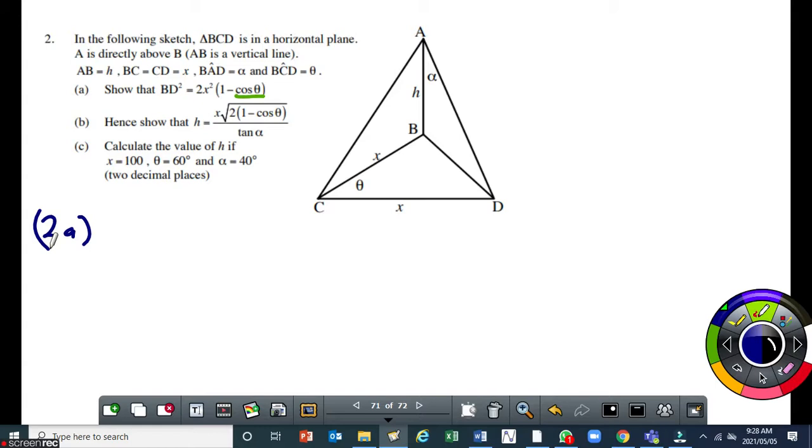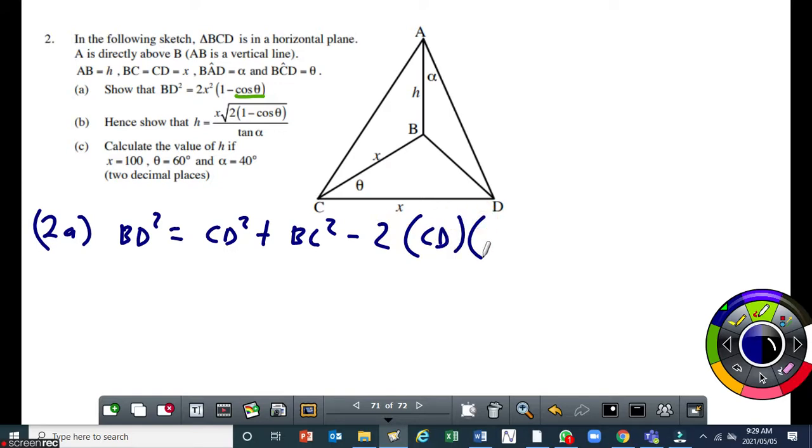So if I use my cosine rule and I calculate BD, remember, it will be BD squared is equal to CD squared plus BC squared minus 2 times CD times BC times cosine of this angle here, which is theta. It's not difficult. You make it difficult on your own.